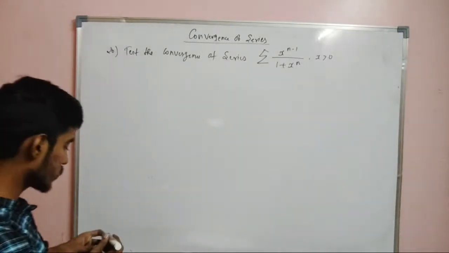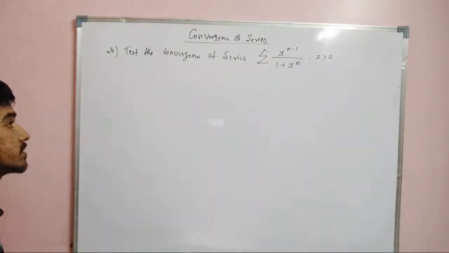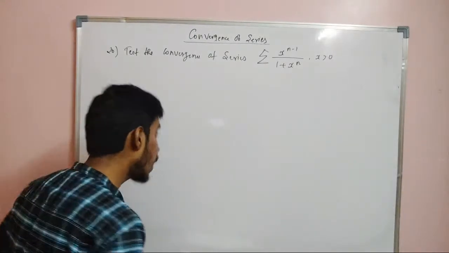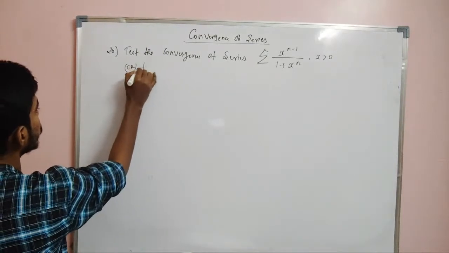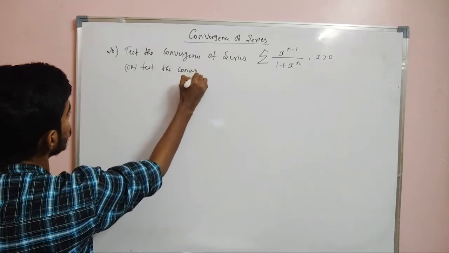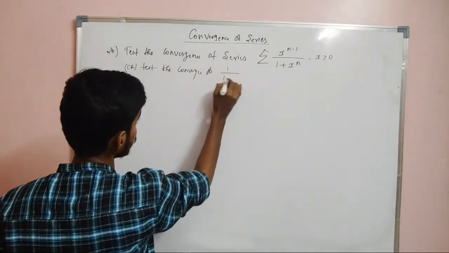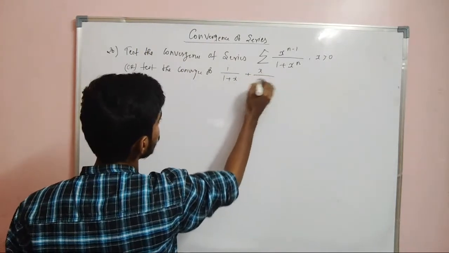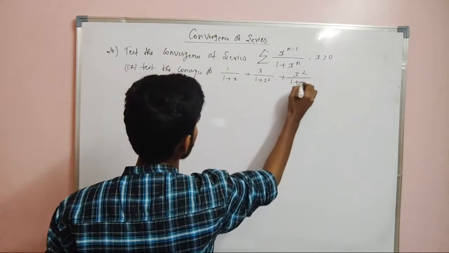So we need to test the convergence of a series summation x power n minus 1 divided by 1 plus x power n, and this x is greater than 0, right? Or test the convergence of 1 by 1 plus x plus x by 1 plus x square plus x square by 1 plus x cube.